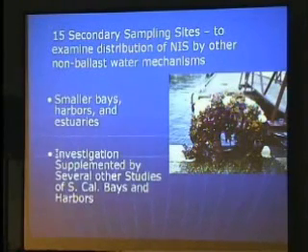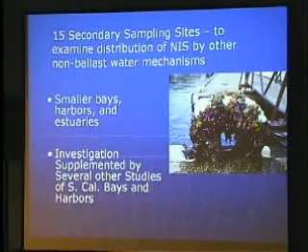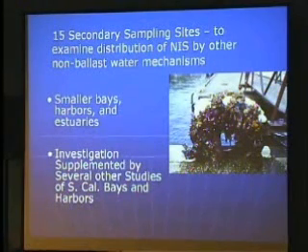And the investigation was supplemented with data from a rapid assessment survey of several southern California bays and harbors, which was conducted by Dr. Andy Cohen, and also by studies of the Port of LA and Long Beach, and also a SCCWRP study. SCCWRP is the Southern California Coastal Water Research Project, and that's also called the Bight 98 study. So that's kind of our MO. We'll take data or use other studies that are out there to conserve our time and resources.